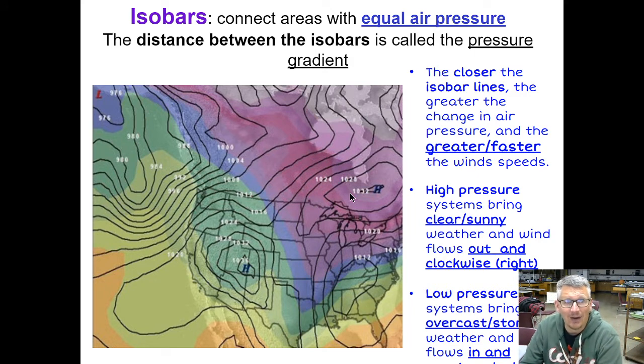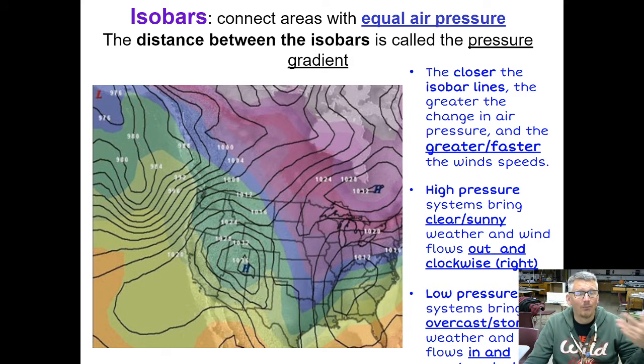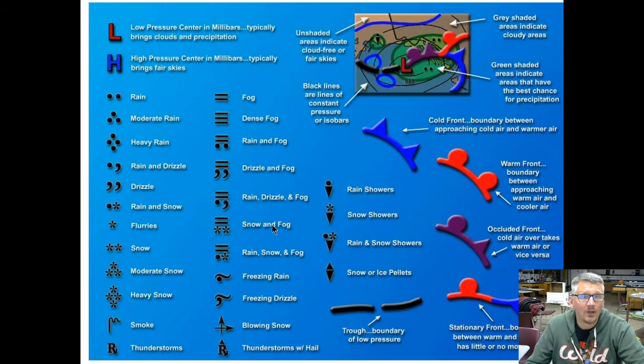Iso meaning the same, bars for barometric pressure, or the air pressure. So if you were to walk along this line, all the way along that line, you would have the exact same air pressure. And as we go, we're going to talk about why these isobars are important.